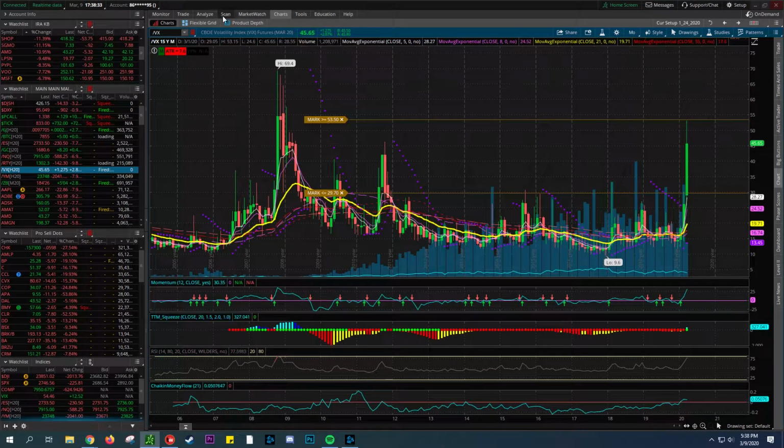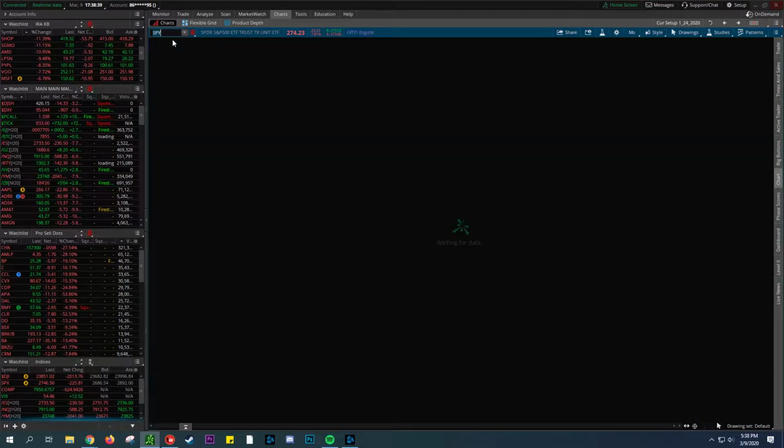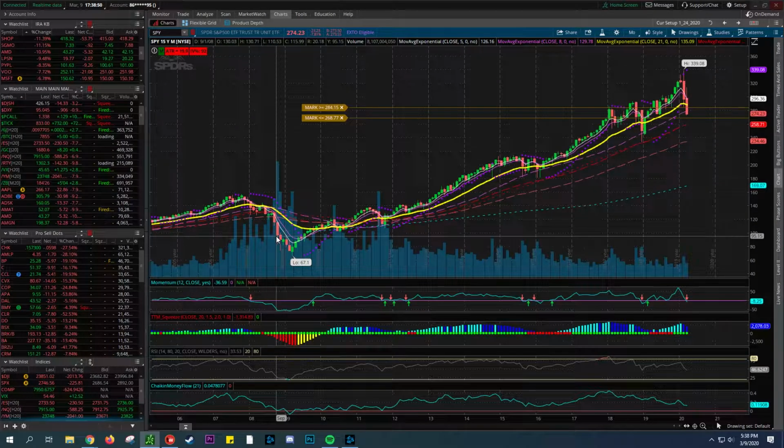So if we go back to, let's just go to SPY and see what happened in October. Let that load. So we go to October right here, and you have this huge down day. This is that huge tick right there. But guess what happened? We didn't do a straight up bottom and continue to go higher.